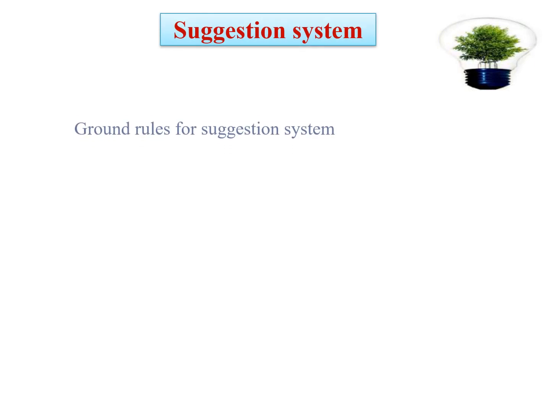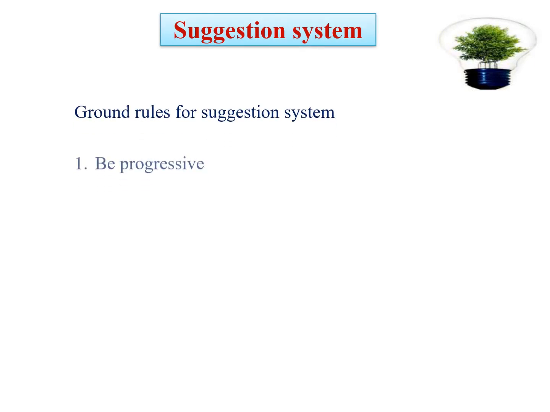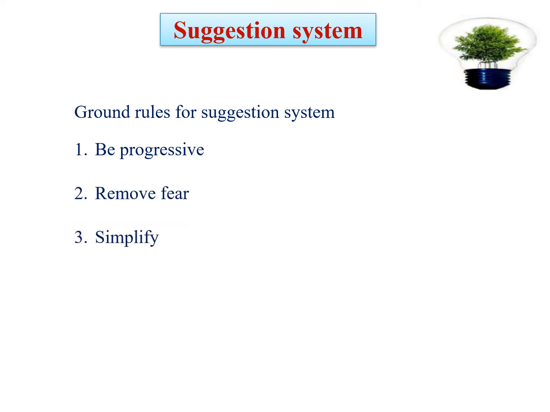So, there are some ground values or principles on which an effective system is managed. There is a need to have a progressive approach in an organization, such as a suggestion box that gives a positive impact. There is a need to simplify the business processes and remove fear from an organization because it also kills employees.